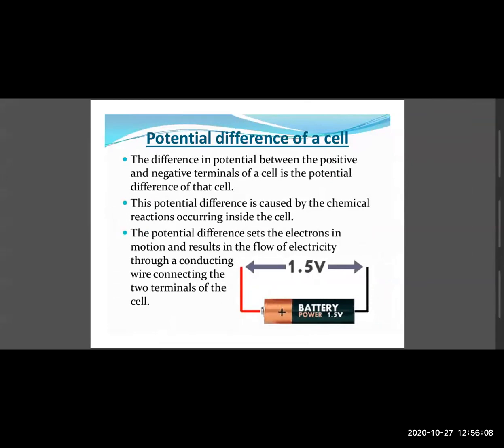So when you connect those two terminals by a conducting wire, and if you connect a light bulb in between, what will happen? The current will flow through the wire, and thereby through the bulb as well, and the bulb will glow, right? Okay, so that is how in a battery or in a cell, the chemical energy is converted into electrical energy, right?